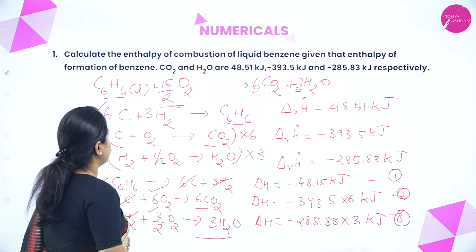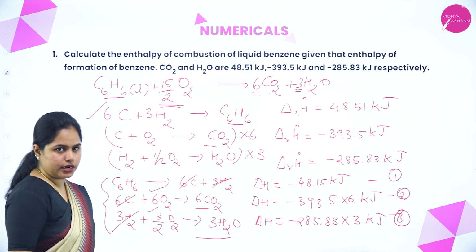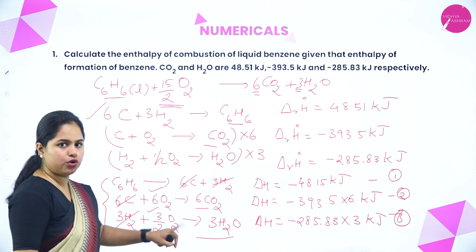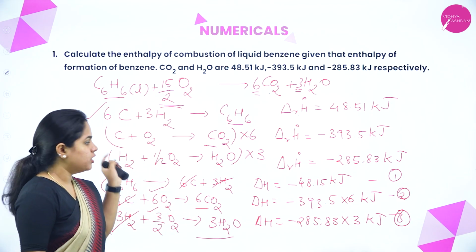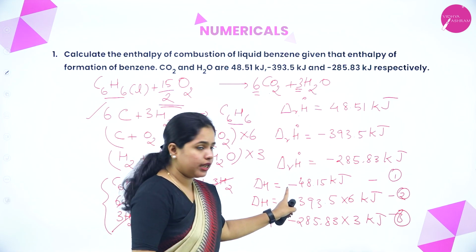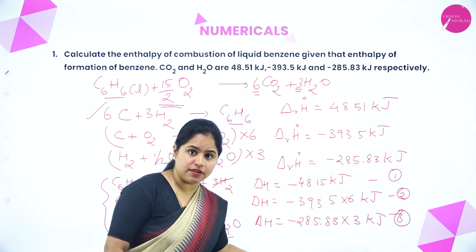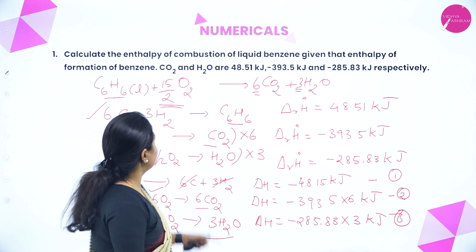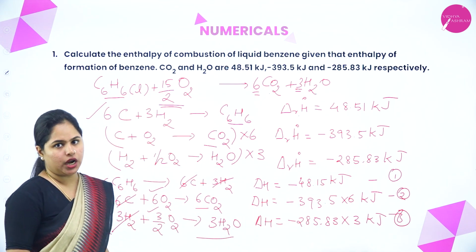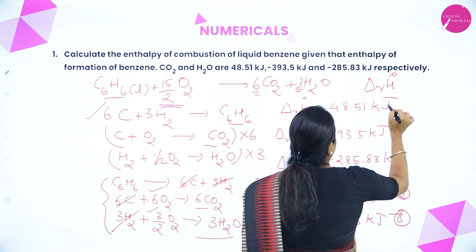So what is that? You are going to get C6H6 from here. The carbon and H2 are cancelled out. The 6O2 and 3 by 2 O2 I added. I got 15 by 2 O2. So that means if I add these 3 values, that is the reaction enthalpy of the first one, second one and third one, I'll get the answer for the reaction which I require, the enthalpy of the reaction which is required.